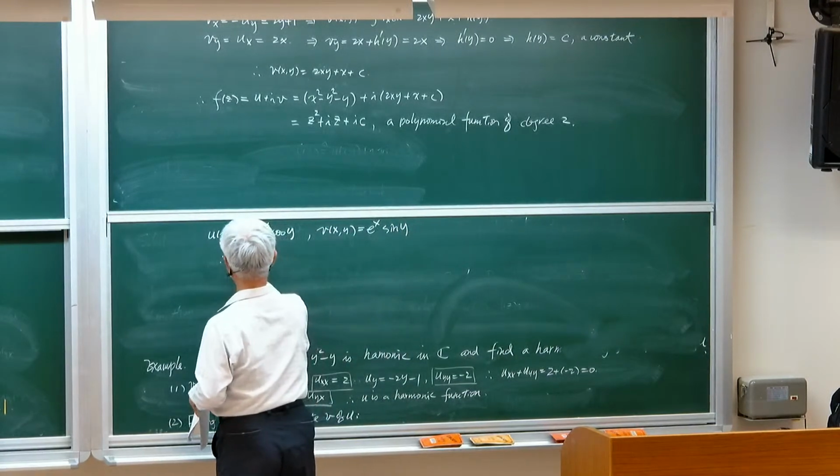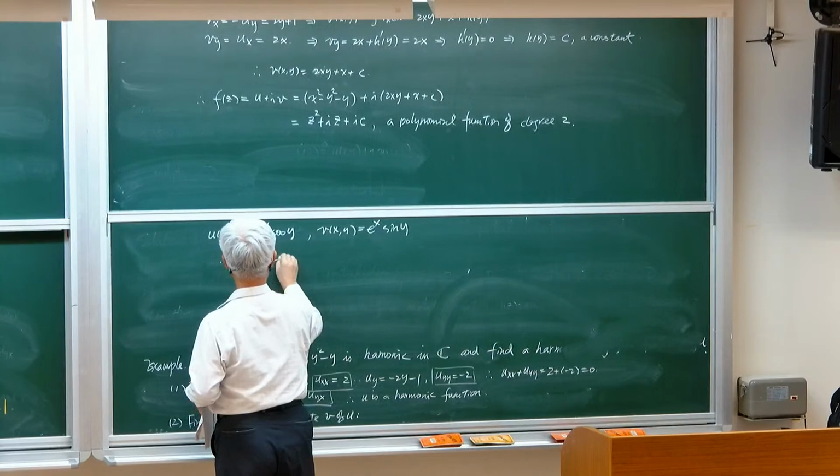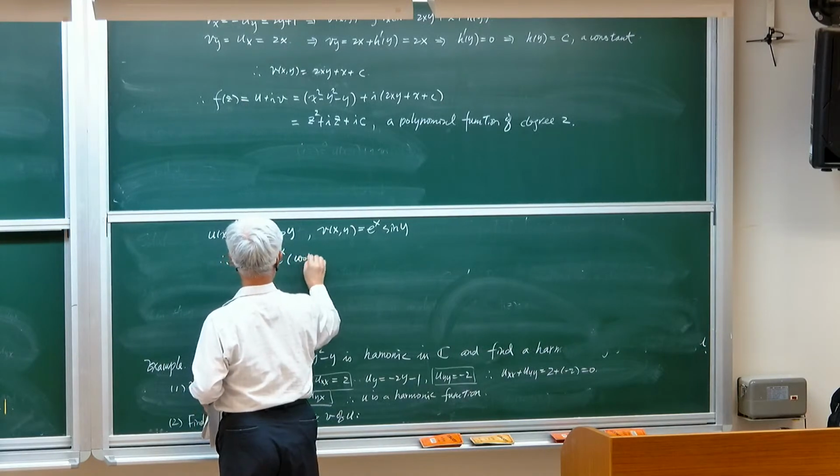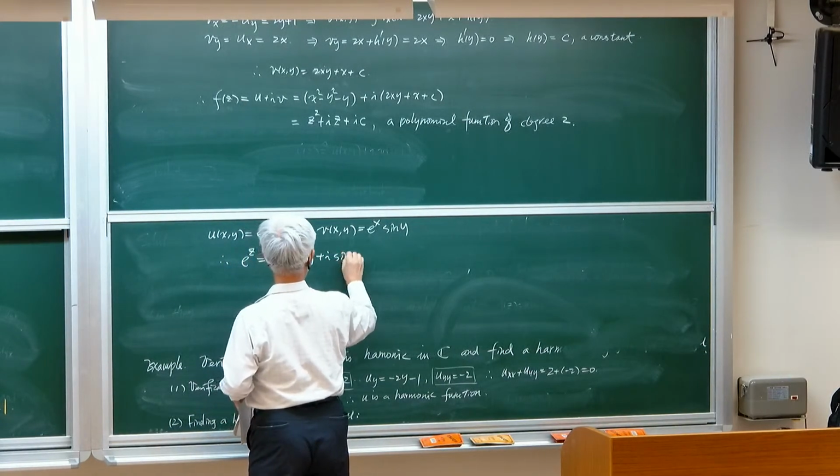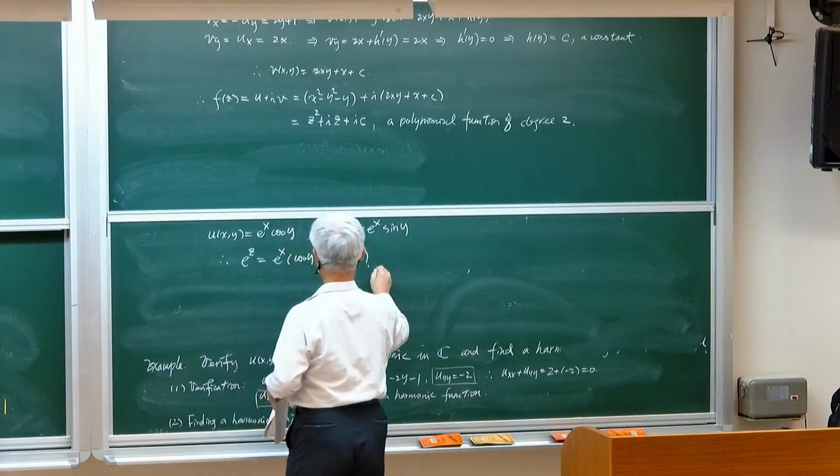So finally, e^z is equal to e^x (cosine y plus i sine y). And then we are done.